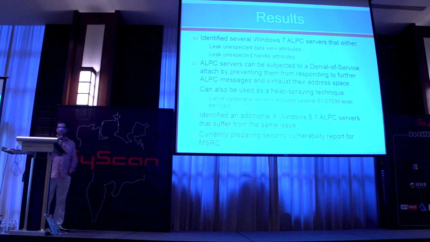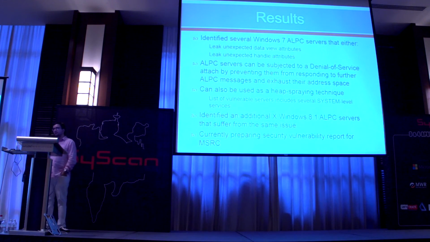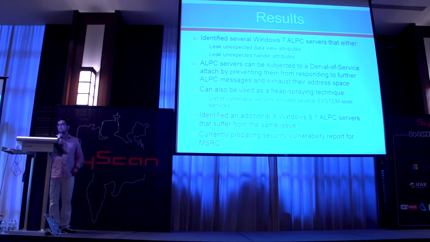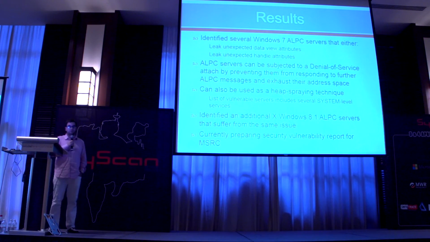And so I've identified several Windows 7 ALPC servers that either leak data views, so you can keep stuffing more and more views, or that leak handles, so you can keep stuffing more and more handles. So this gives you a denial of service attack to those specific ALPC servers that have this vulnerability by exhausting their address space. It also gives you the ability to heap spray any of those servers. So if there is a bug or something that goes wrong inside of them, you have the ability to basically fill their address space with whatever data you want to control.